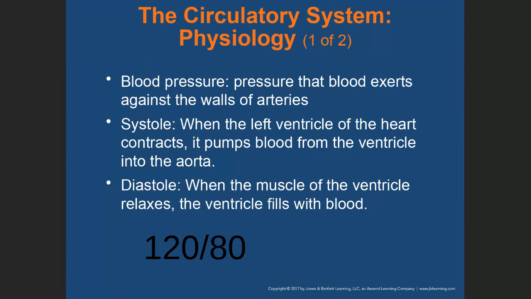That's the preload pressure. The afterload pressure is when the heart contracts and the blood is now in the aorta or arteries. There is a pressure that the blood must flow against in the arteries. That is called the afterload pressure.